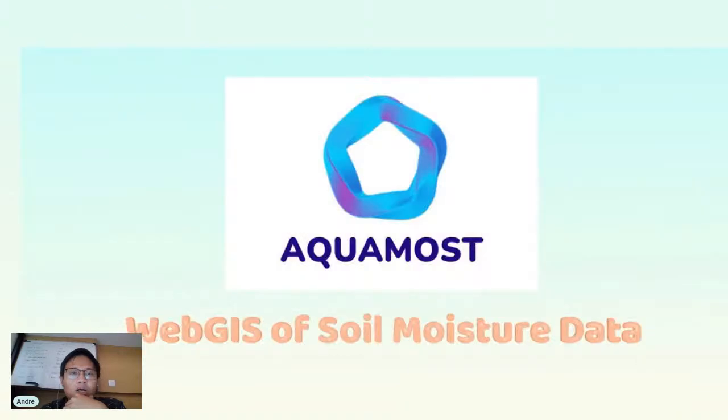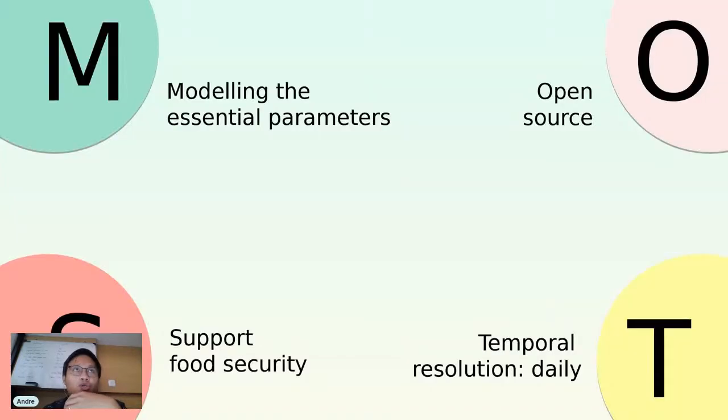So my team decided to generate a WebGIS of soil moisture data. We named it Aquamos. Aquamos has four main values. The first is modeling the essential parameters, especially for irrigation and agricultural management.